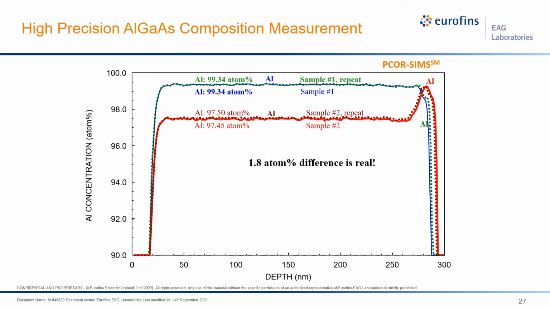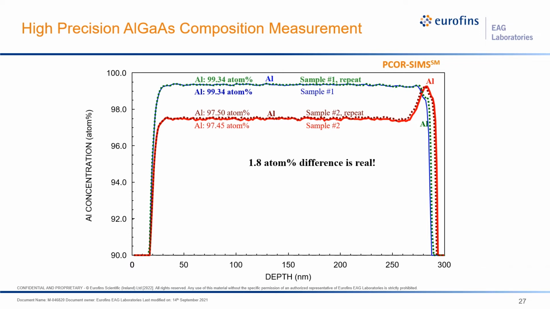In fact, you're actually reproducing these small variations in the AlGaAs structure. So for certain types of alloy compositions, SIMS can give you a very precise measurement of the compositions. And armed with a NIST certified reference for AlGaAs, you can actually be very accurate as well.